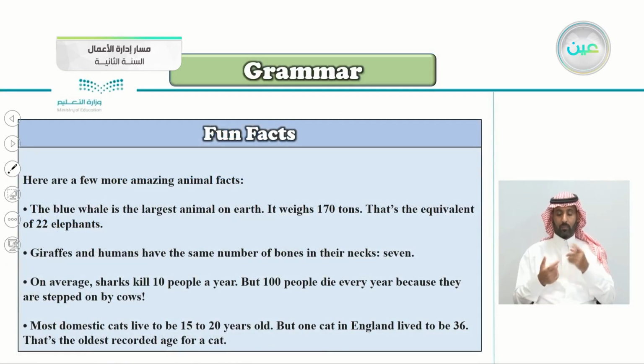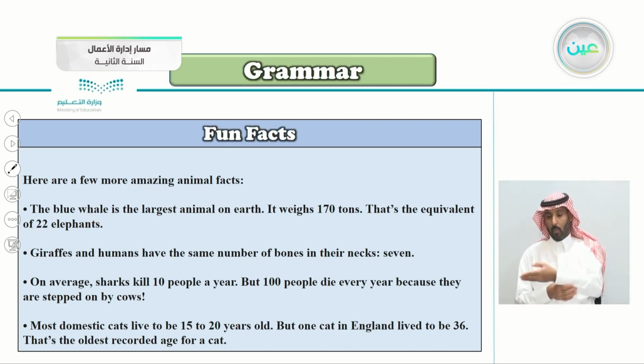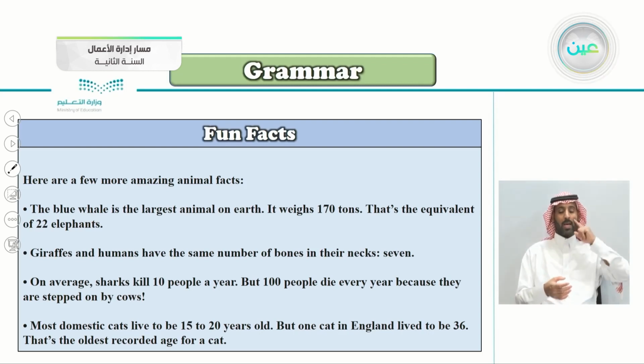And here are some fun facts for amazing animal facts. The blue whale is the largest animal on Earth. It weighs 170 tons. That is the equivalent of 22 elephants. Giraffes and humans have the same number of bones in their necks, 7 bones, even though giraffes have way longer necks.